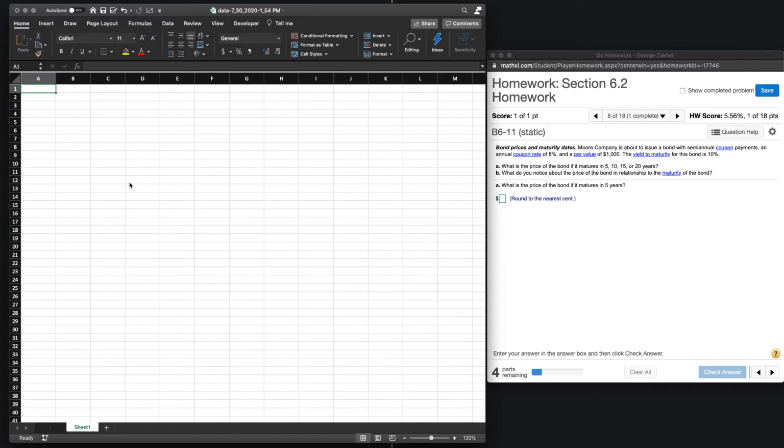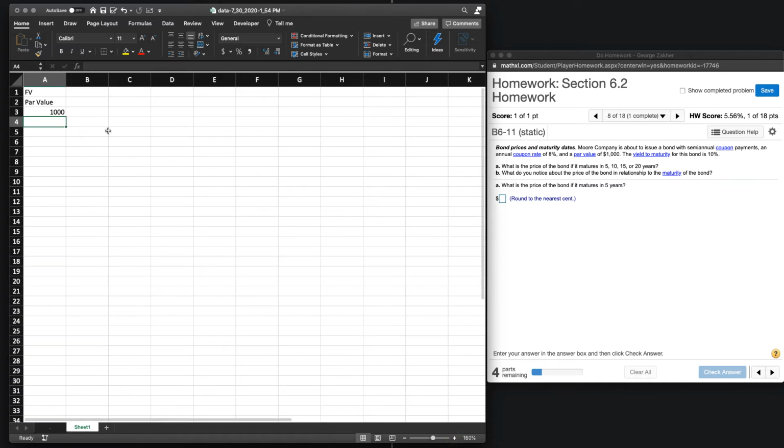First thing we want to note is our par value. In this case, we have a $1,000 par value. Next is our coupon rate, which has also been provided.